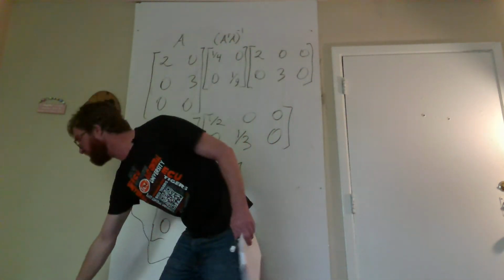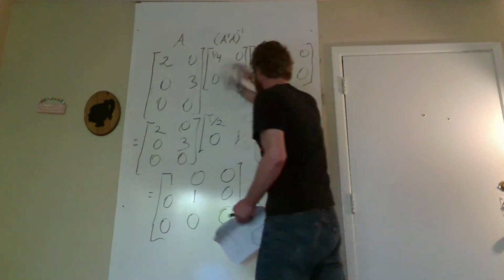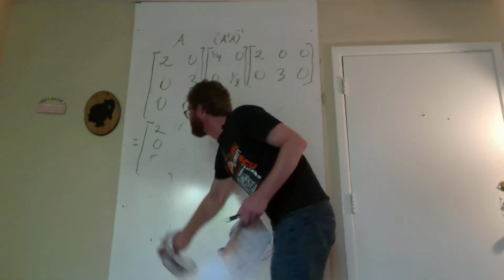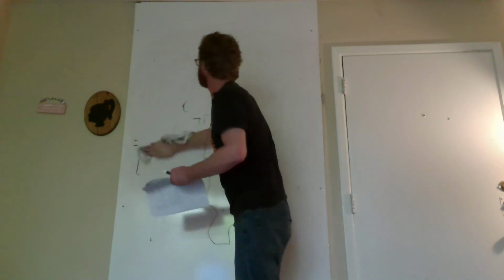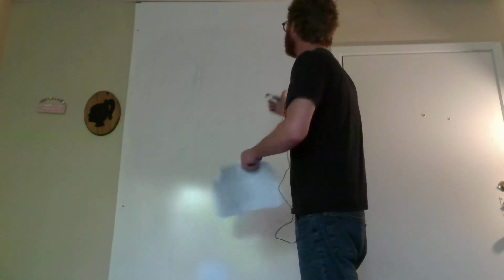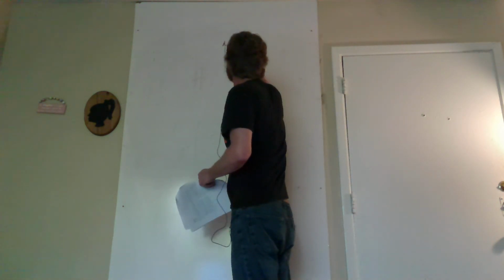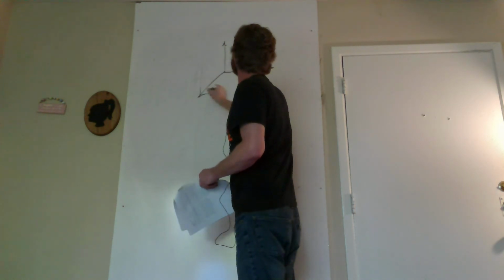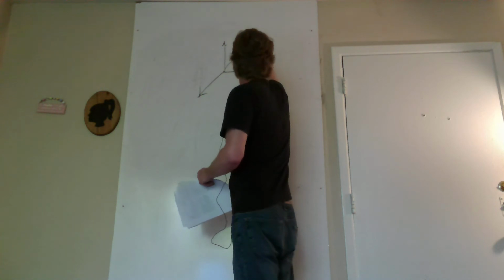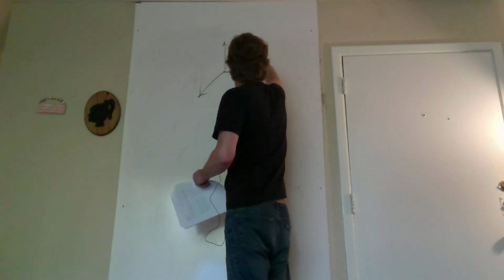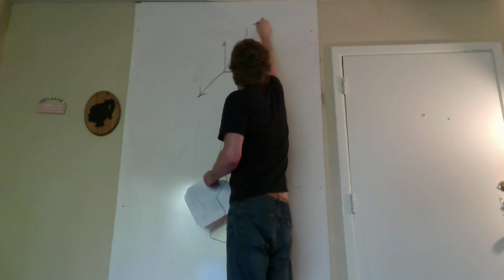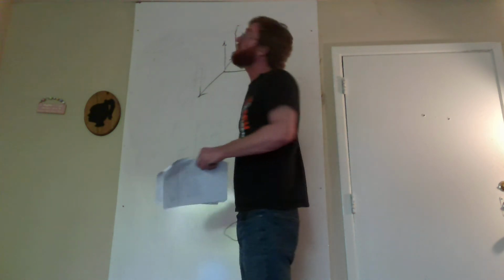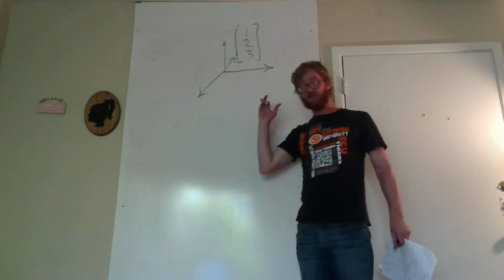So if we want to have a look at what this thing is really doing, let's say we had some vector, and if you can't see it, that's 1, 2, 3.